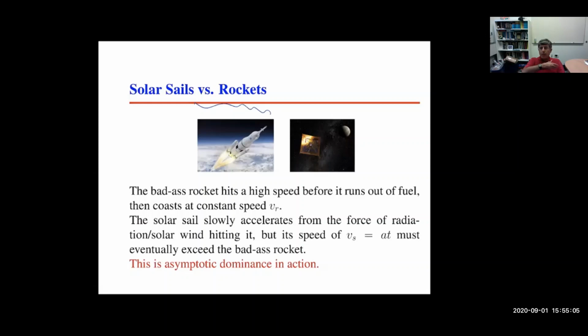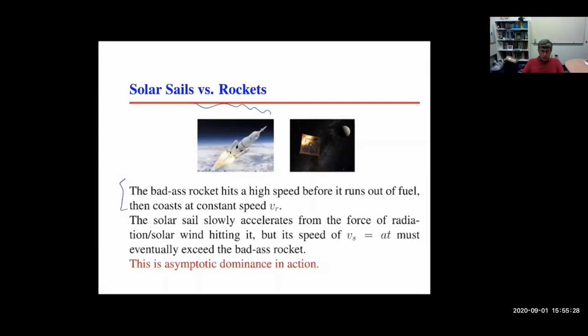Space is a vacuum, so you never slow down. So the typical rocket's speed is basically its maximum speed after it uses all its fuel, and then it doesn't change.